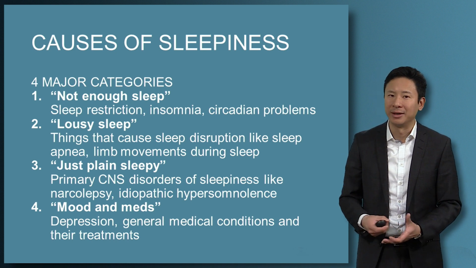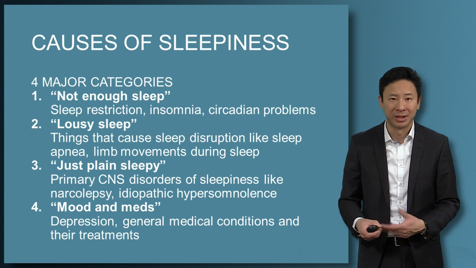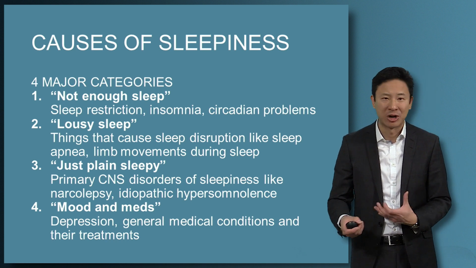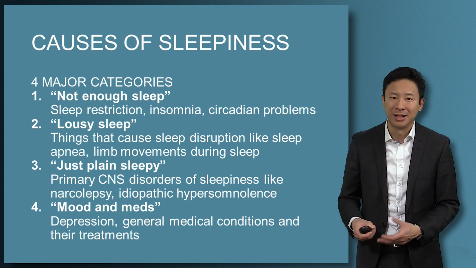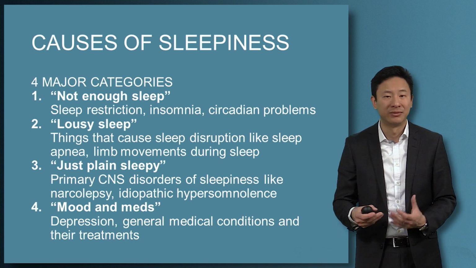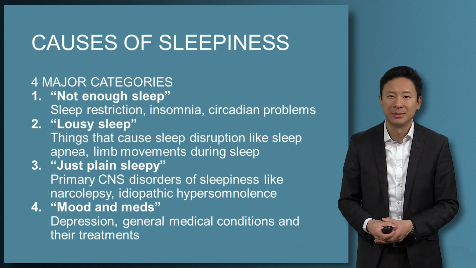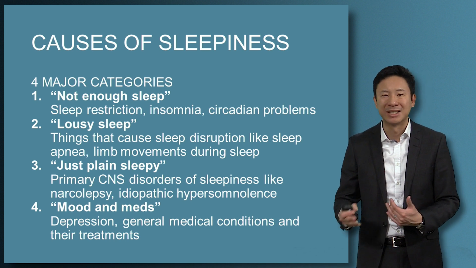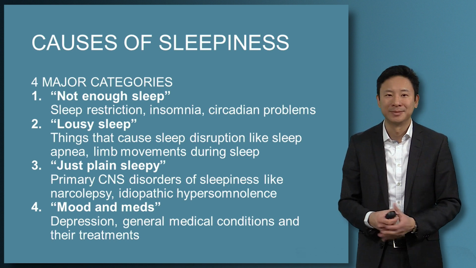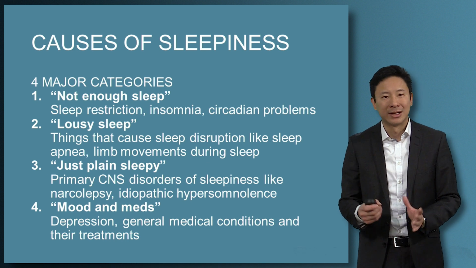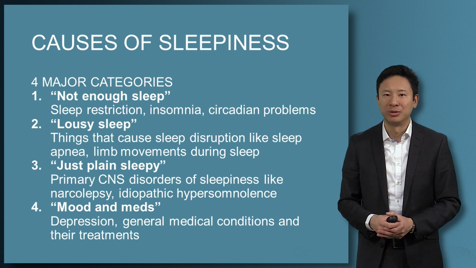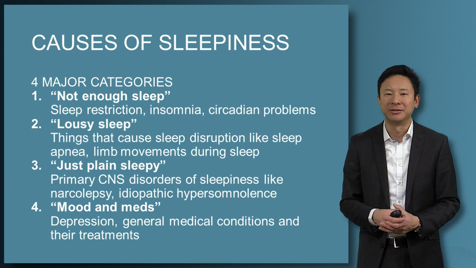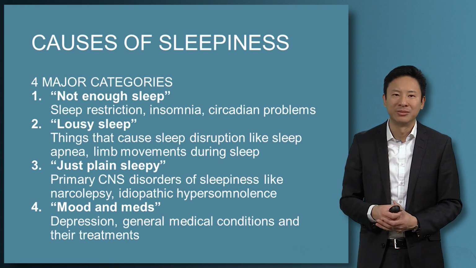So under category 1, not enough sleep, there would be sleep restriction, which just means not getting enough hours of sleep. Insomnia, so people who have difficulty falling asleep or staying asleep. And circadian problems, so people who have a body clock that's misaligned with the rest of the world. Under lousy sleep, that would include what we sometimes think of as intrinsic problems with a person's sleep.